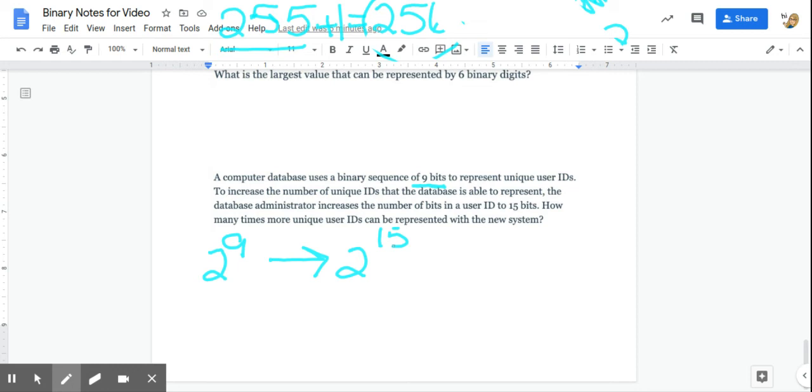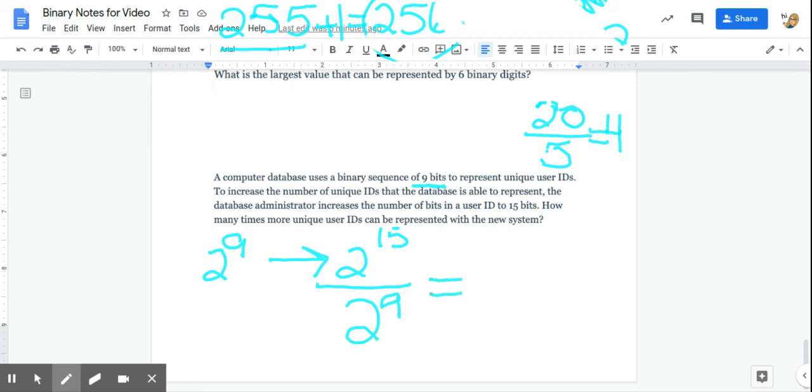When I say how many times bigger a number is than another number, like how many times bigger is 20 than 5, I would just divide those two numbers. So 20 is 4 times bigger than 5. Here, I just need to divide my new number of numbers by my old number of numbers.